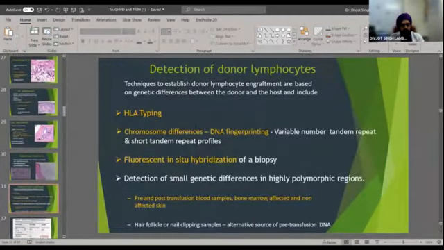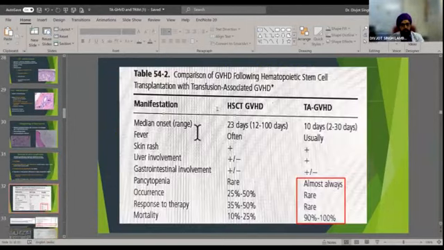So how do we detect these donor lymphocytes to come to a diagnosis of TA-GVHD? This is by HLA typing and chromosomal differences, DNA fingerprint between the donor and the recipient, the detection of small genetic differences in pre and post transfusion blood samples, bone marrow, affected and non-affected skin. So all this can help in confirming the diagnosis.